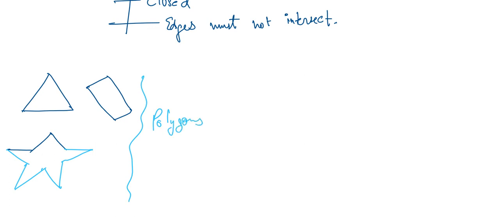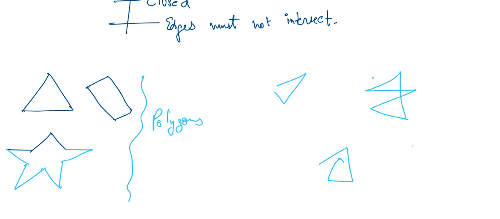And there are a few, not a few, but the major section in our mathematical dimension where the figures may not be a polygon. Like a figure being like this, where the figure is not complete or closed, and another figure like this, which is closed but the edges are intersecting with each other, and another being like this, where we would have a little bit of curve.